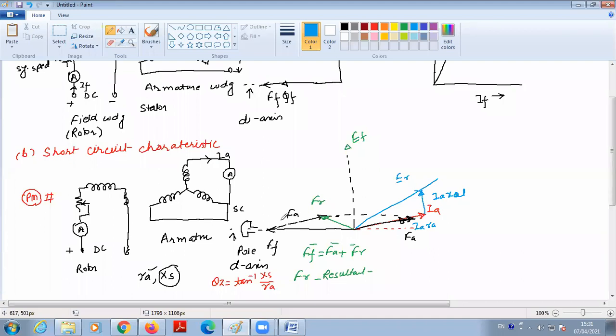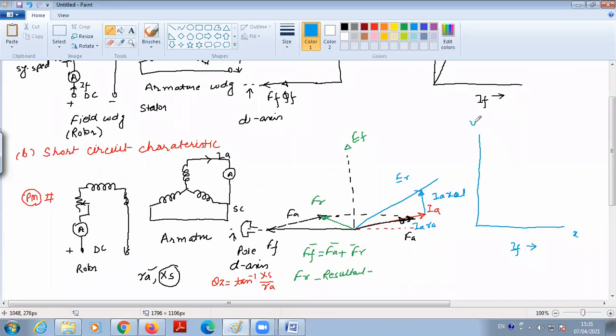Now under such condition, what would be the characteristic? This is the field current as usual, we are taking on the x axis.